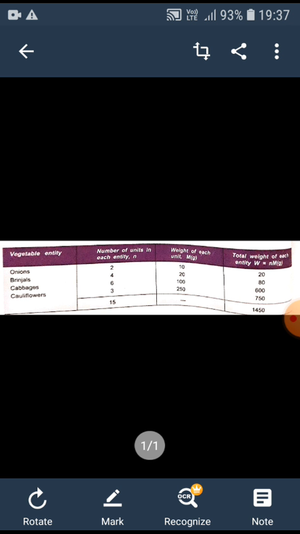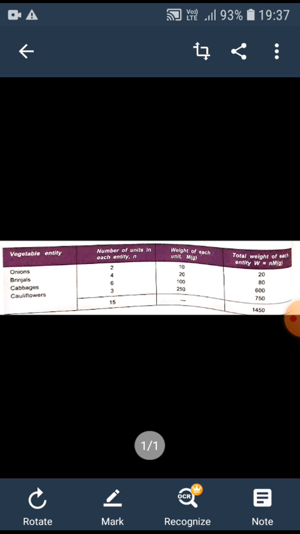So what we then get is the weight average. Now the point to be noted here is that in the number average concept the number of the vegetable was considered, but here the weight of the individual vegetable is considered.